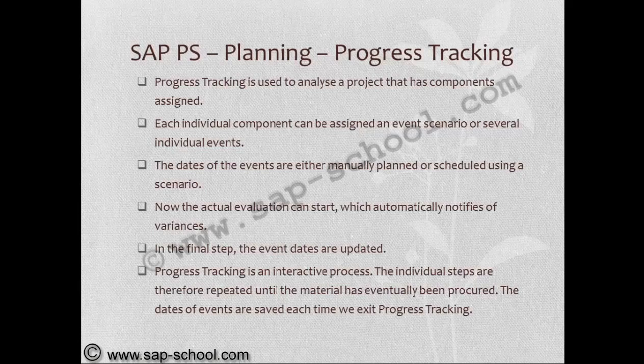In the final step, the event dates are updated. Progress tracking is an interactive process. The individual steps are therefore repeated until the material has eventually been procured. The dates of events are saved each time we exit progress tracking.